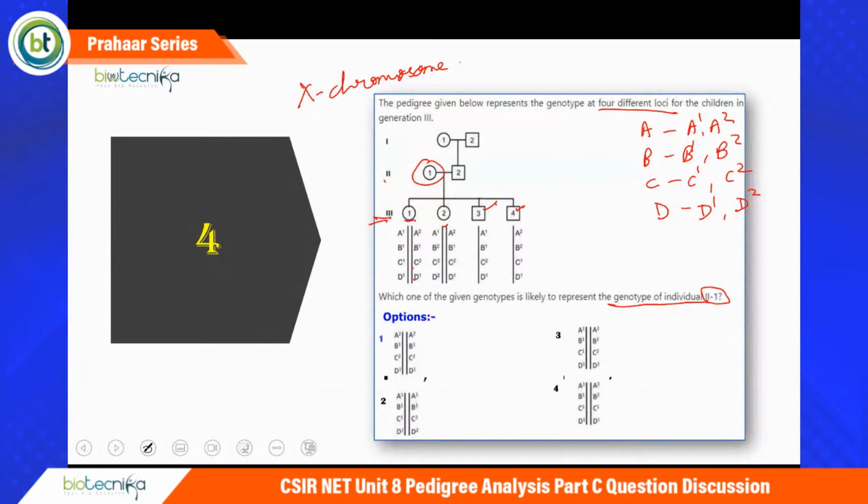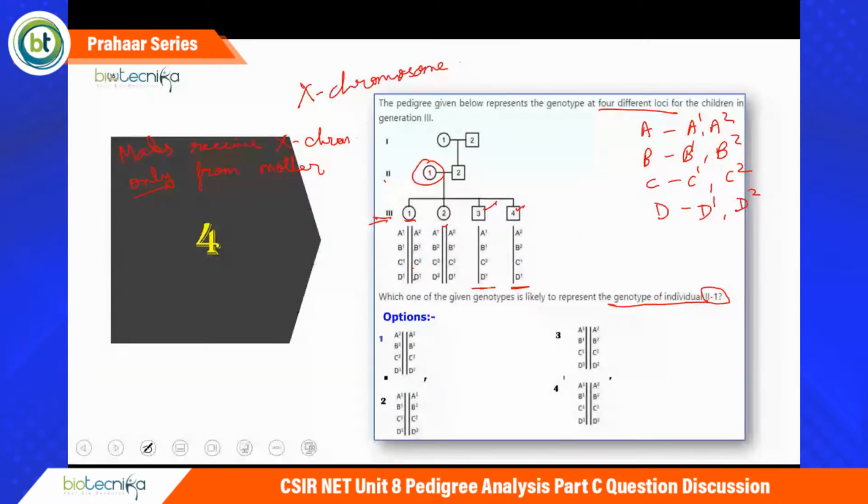So males receive the X chromosome only from the mother. So this X chromosome that they are getting, they are getting it from the mother. So who is their mother? 2-1, right? So that means what?